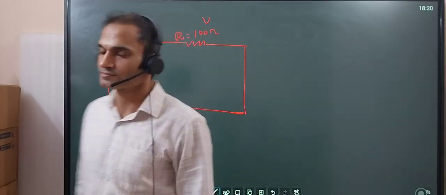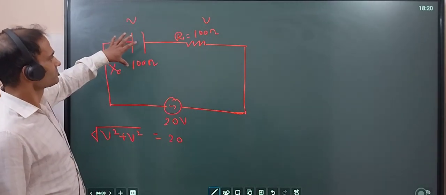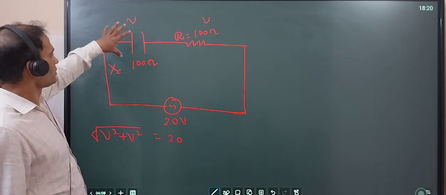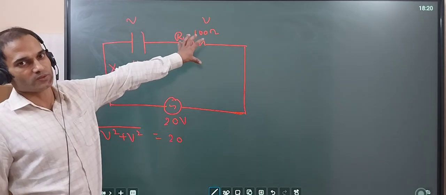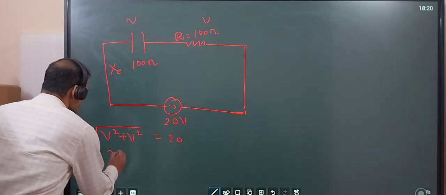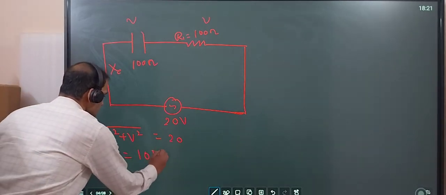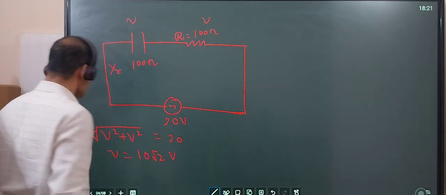The voltage here will be lagging compared to this one. So V will be 10 root 2 volt.